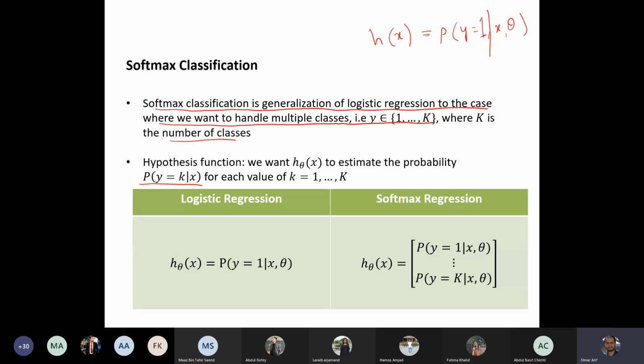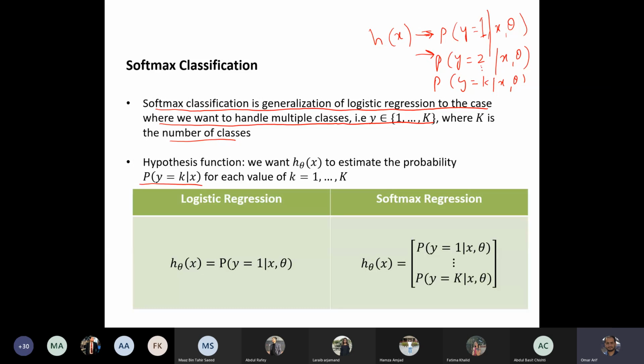But now, since we have multiple classes, we want a probability estimate for each of those classes. We want our classifier to predict this probability, as well as the probability that y is 2 given x, as well as y is equal to k, where k is the total number of classes.